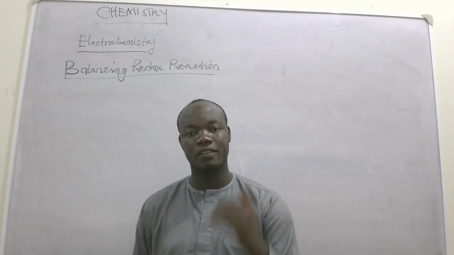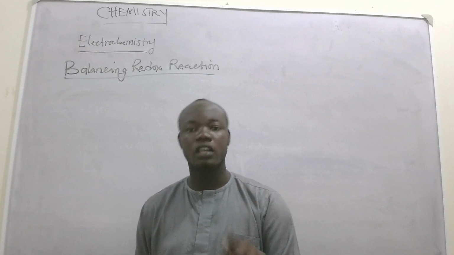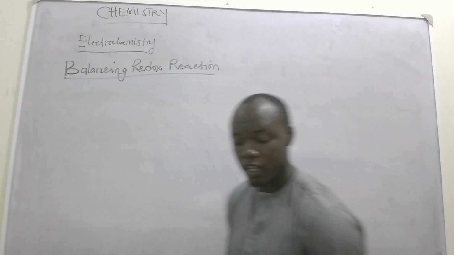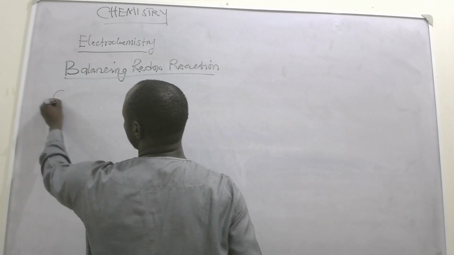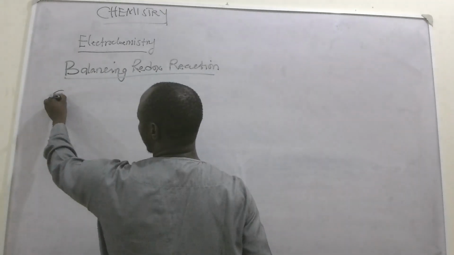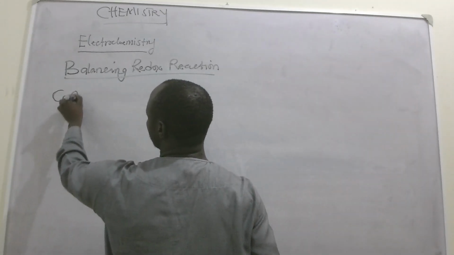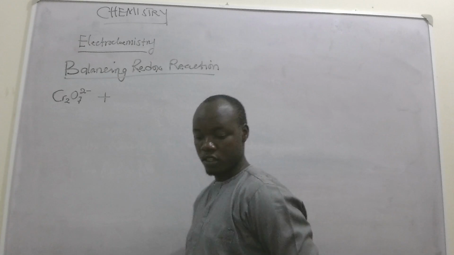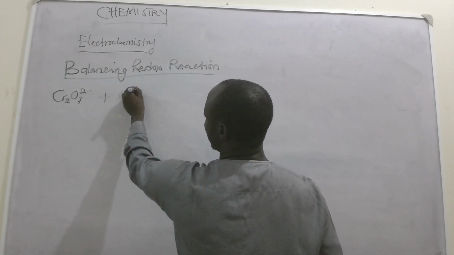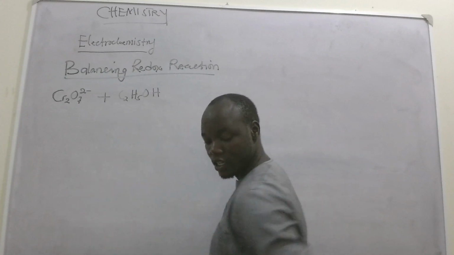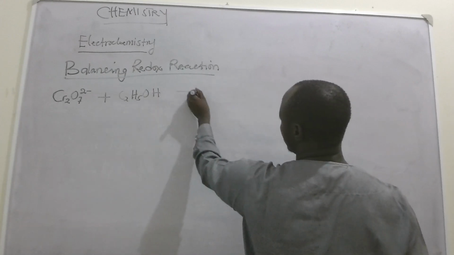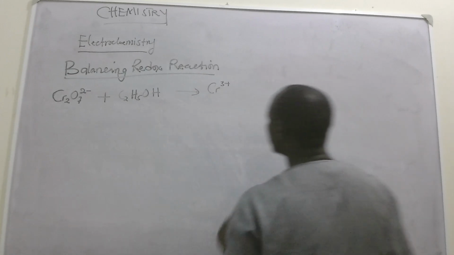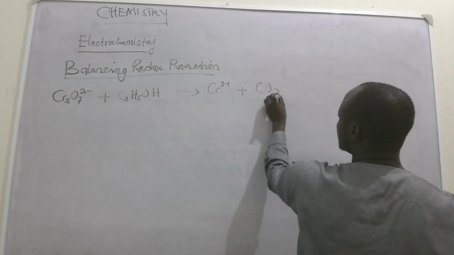So now let's start with balancing chemical equations in acidic medium. Generally, let's say this is our equation: Cr2O7 2- plus C2H5OH gives us Cr3+ and CO2.